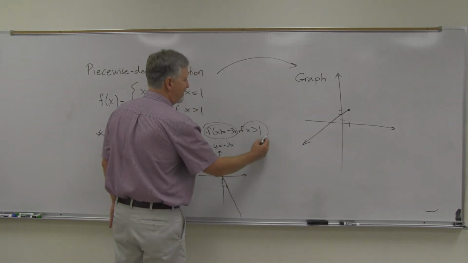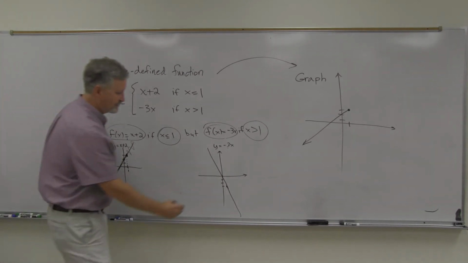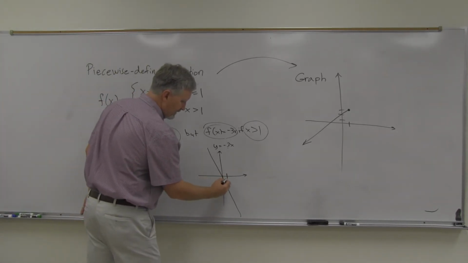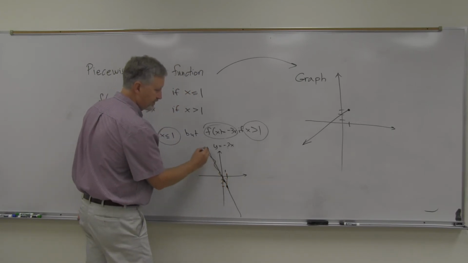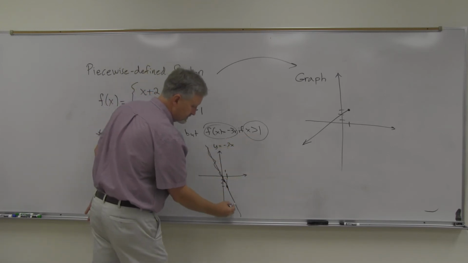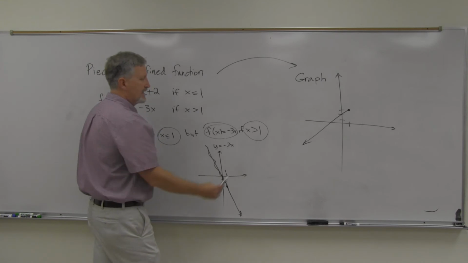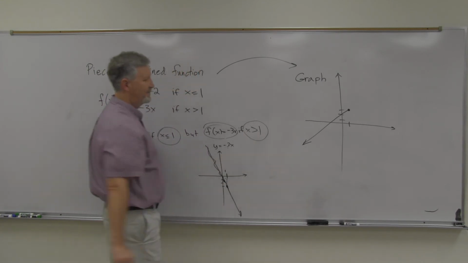However, I only want the piece where x is greater than 1. So here's 1, and that translates down to that point. I don't want this part of the graph. I only want the part that's x greater than 1. So it's this part. Now, this is where you have to pay attention to the inequality.